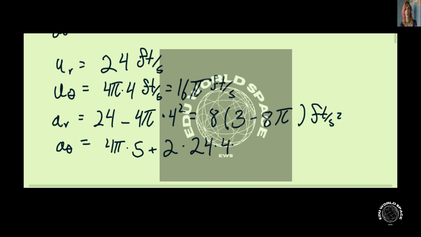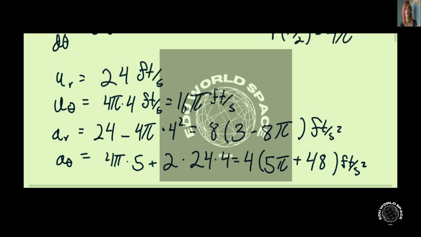So that'll give us 4 pi times 5. We can pull a 4 out of here to get 4 times 5 pi plus 48 feet per second squared. And that is the solution to all of these.